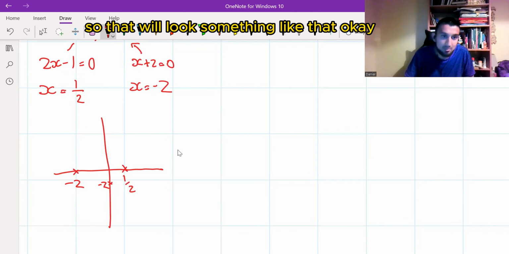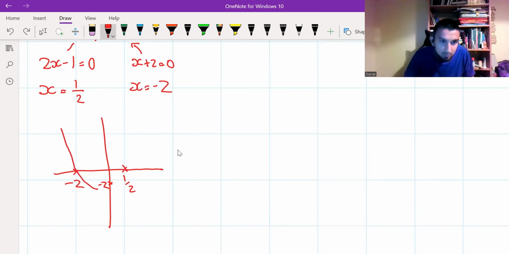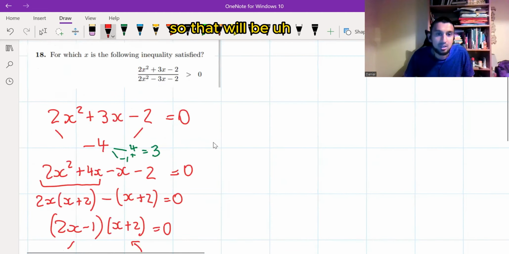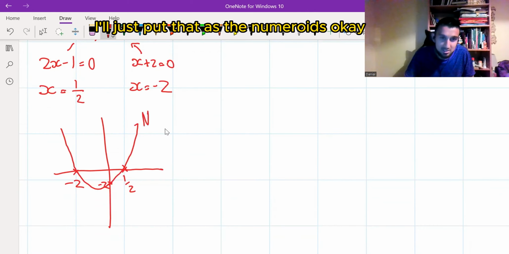So that will look something like that. Okay, I'll have another go at drawing that. Okay, I think that's okay. So that will be 2x squared plus 3x minus 2. I'll just put that as the numerator, okay?